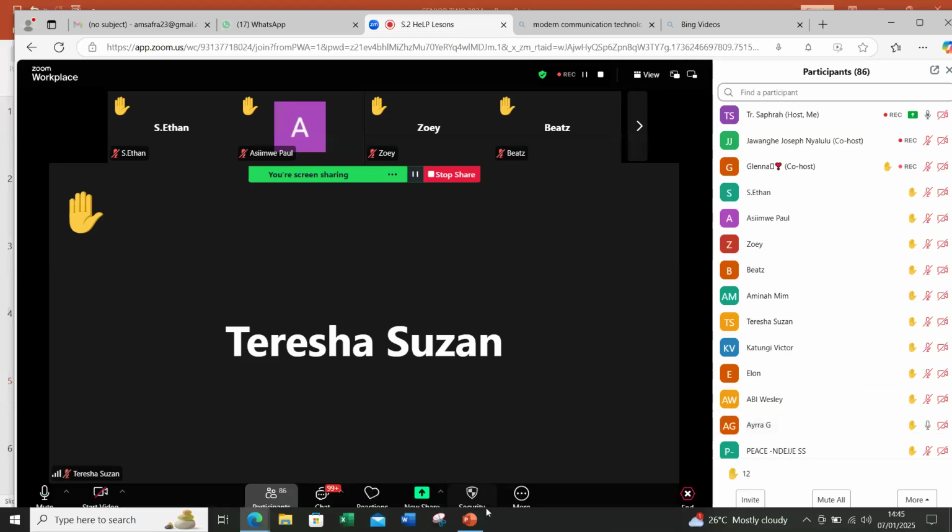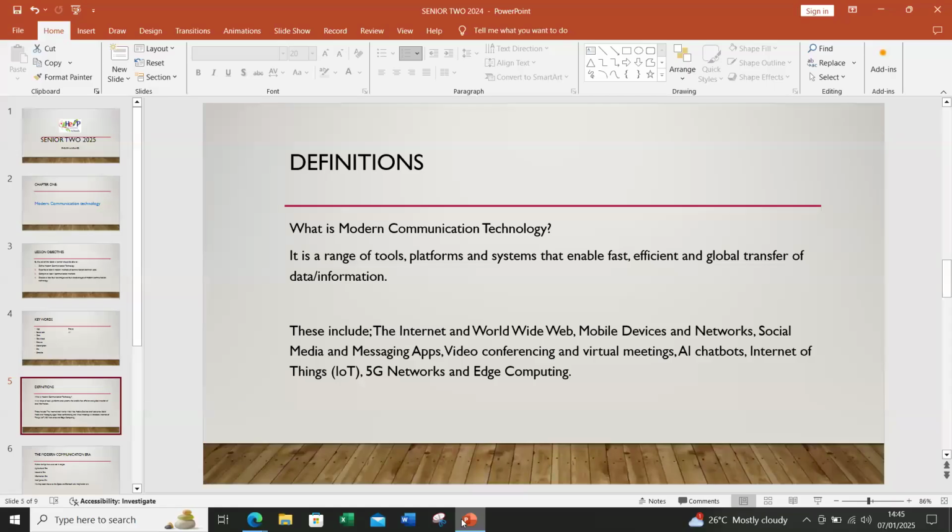Yes, very good. So here are the words I want you to read for us. What is modern communication technology? It is a range of tools, platforms, and systems that enable fast, efficient, and global transfer of data or information. Continue.